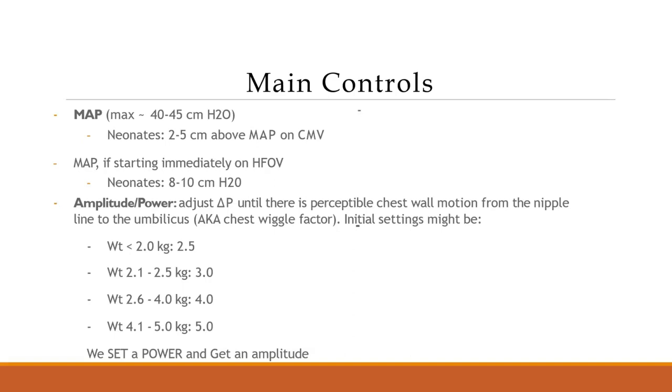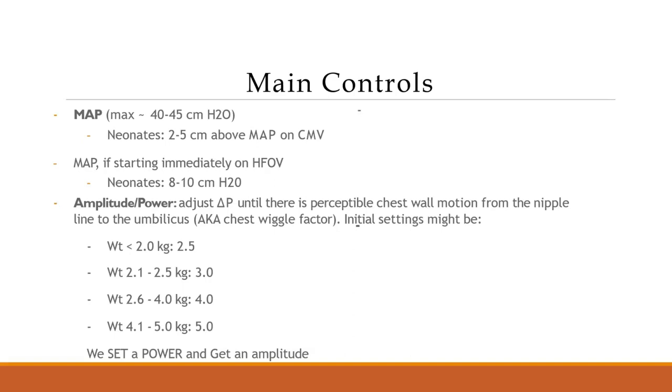Okay, amplitude and power. Some of you may have worked with the oscillator back in the day, and we were always talking about amp, and a lot of times they used to order the amplitude, and the amplitude is your wiggle. The amplitude is your ventilation.